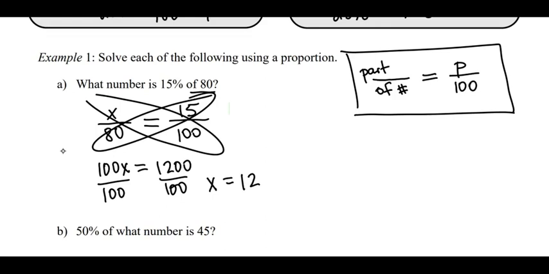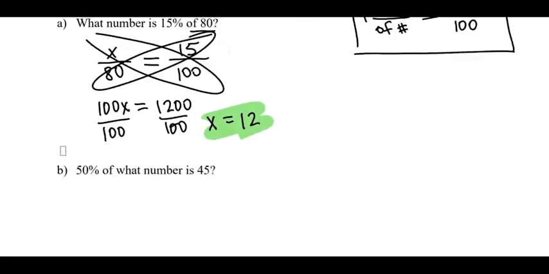So 12 is 15% of 80. Make sure that you have this proportion down. Part of a number is always on top, the entire number is on the bottom, and on the other side, you will have some percent value over 100.